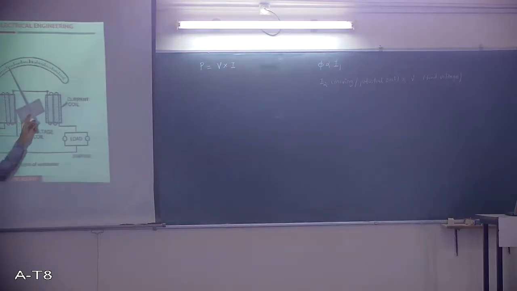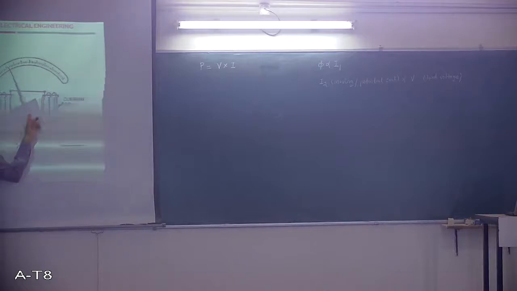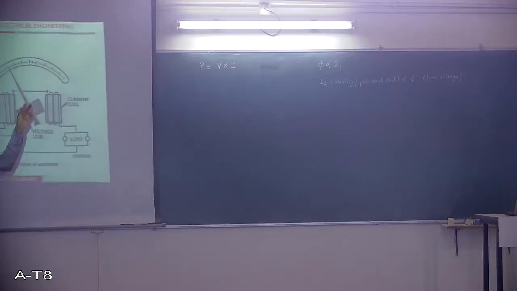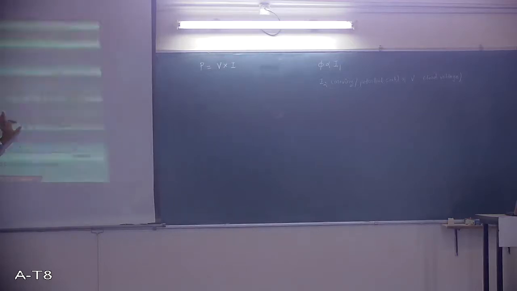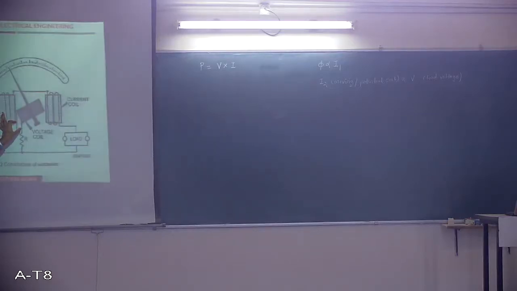There are spring arrangements. See, there are phosphor bronze springs which are attached to this moving system. Basically they form the leads to this moving coil so that current can flow to it. So they will produce a controlling torque and limit the rotation of the pointer.